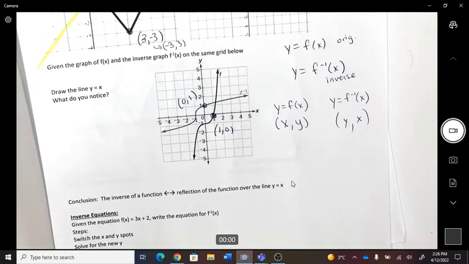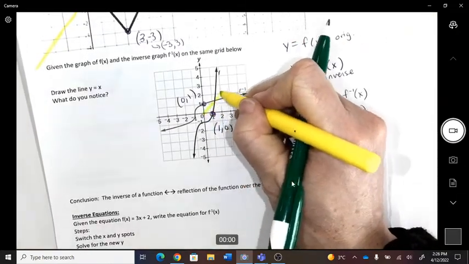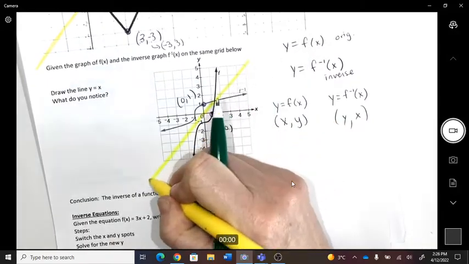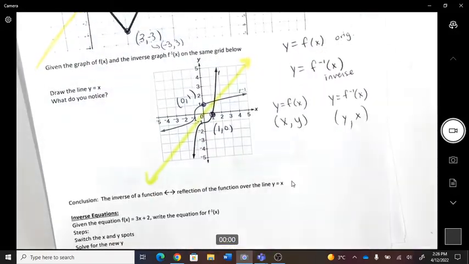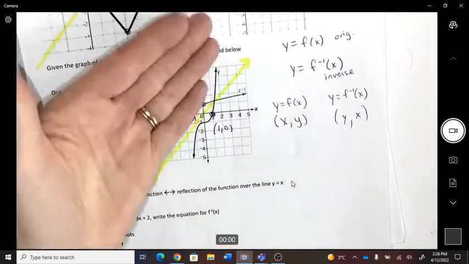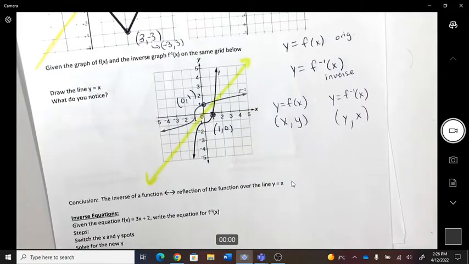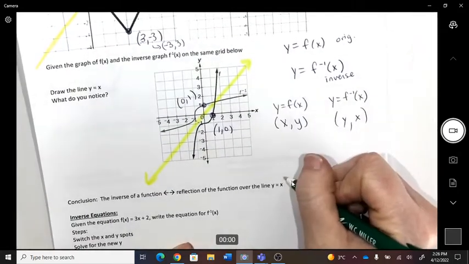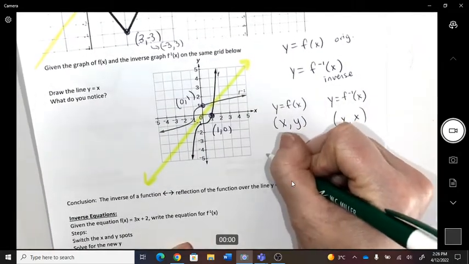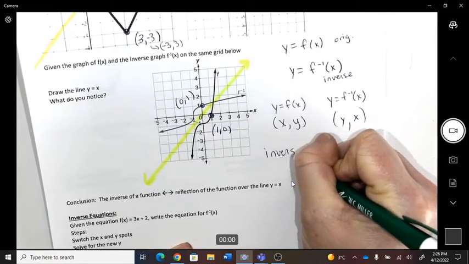And what else did we visually see happening? Do you remember? A reflection diagonally. Okay, do you see it physically with this? It reflects diagonally.